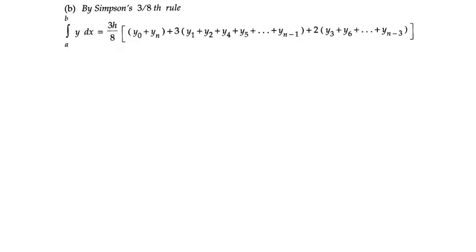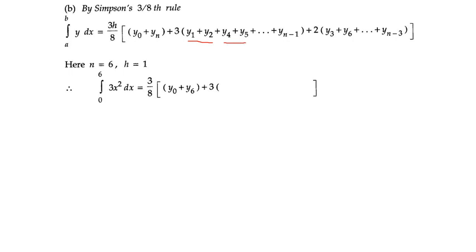Now similarly we can find Simpson's 3/8 rule. Here is the formula. In the place of h we have taken 1. So we got 3/8 into y naught plus y6 plus 3 into, how do we write? y1, y2, y4, y5, and so on.